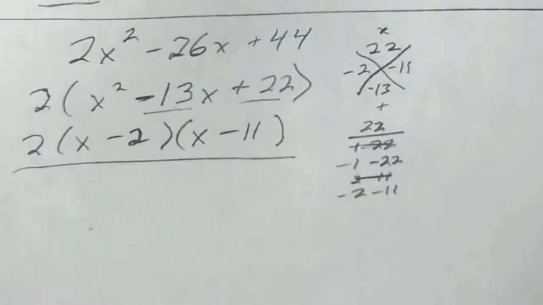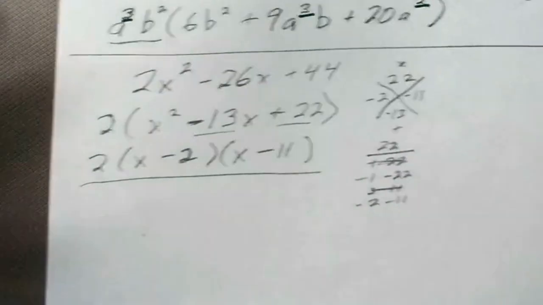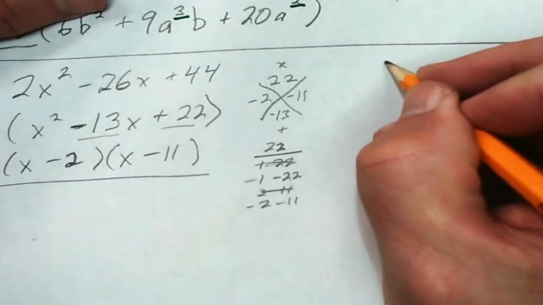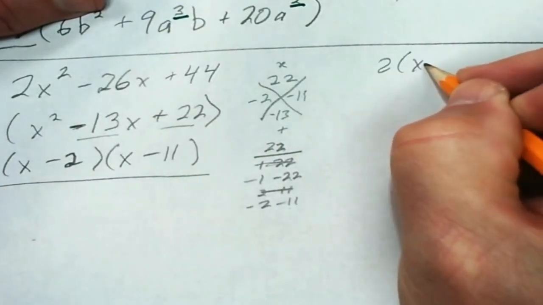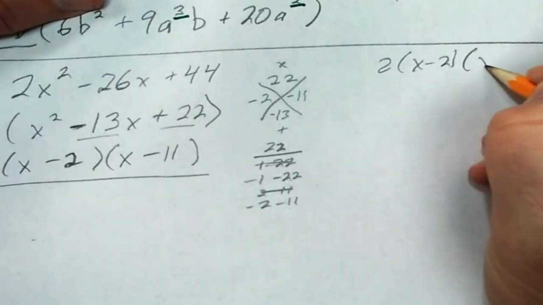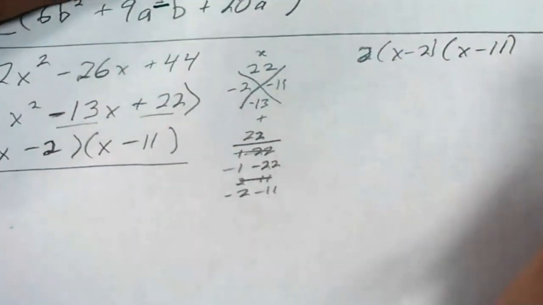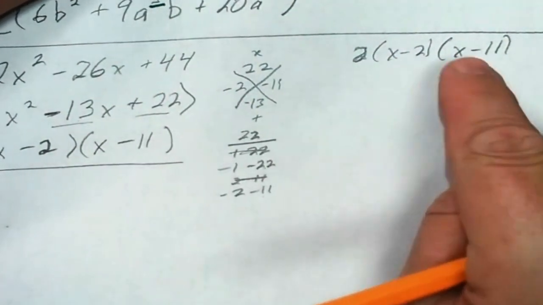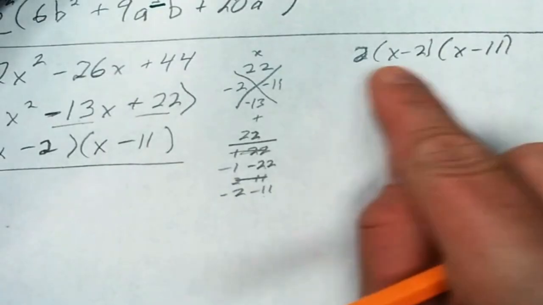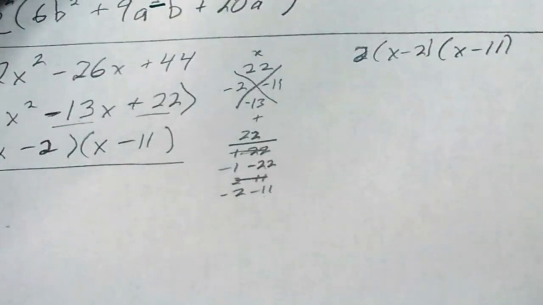Do we know that for sure? Well, we can multiply them back together to check. x minus 2 times x minus 11. When we have three things multiplied together, it doesn't matter which ones you multiply together first, right?